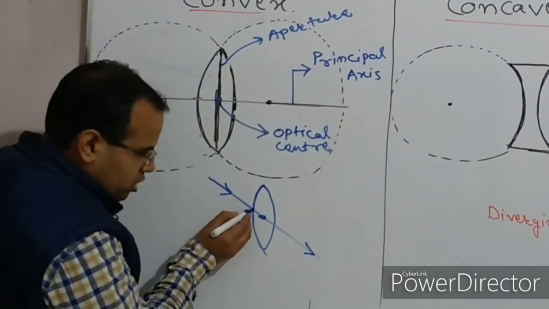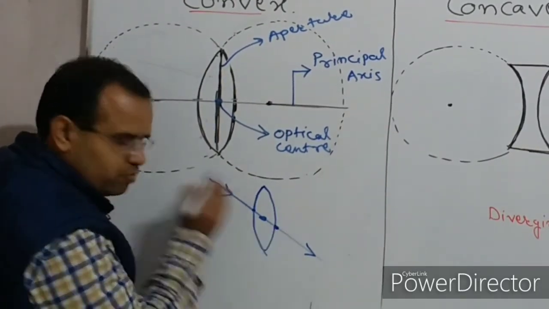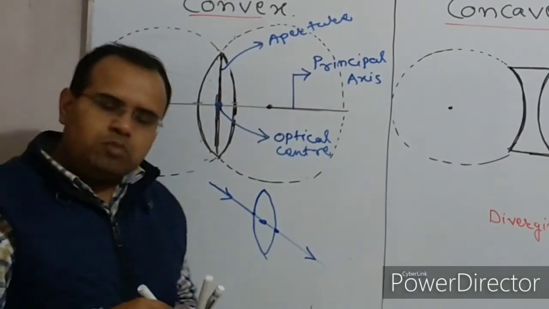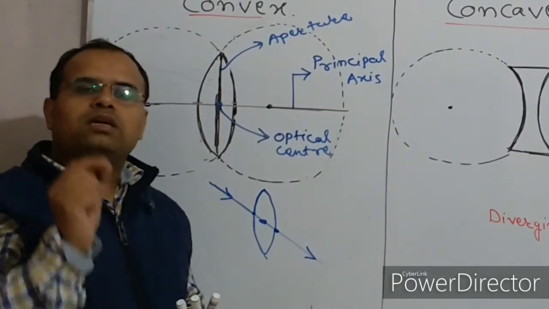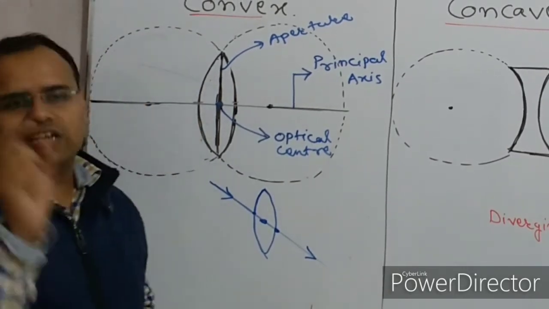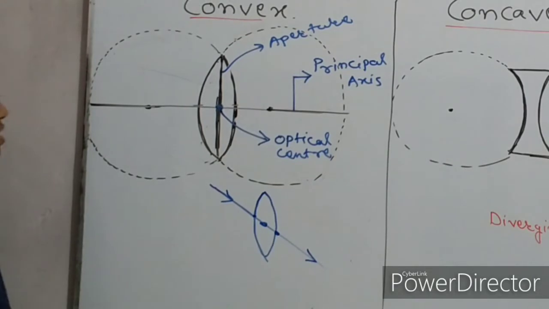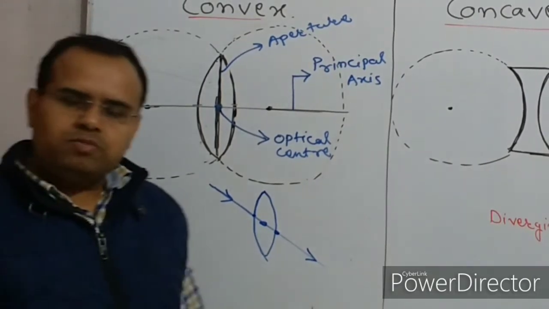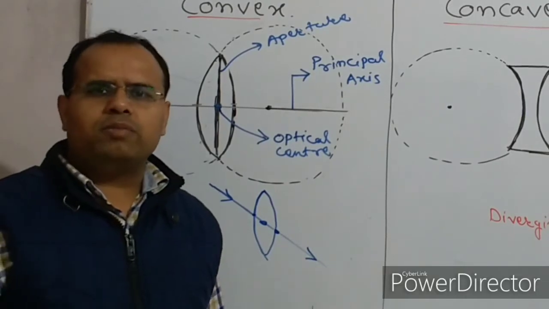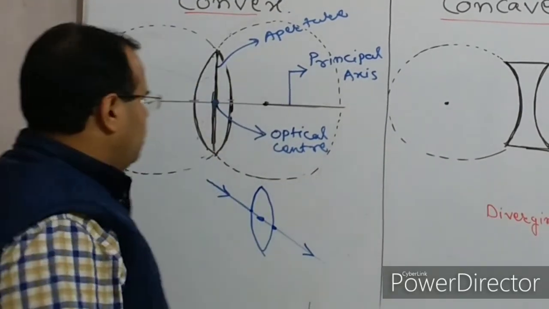So the refraction is actually taking place at this surface and at this surface, but in such a manner that it is equal in magnitude but opposite in direction. So the optical center is a point on the principal axis of the lens such that a light ray which passes through this point remains undeviated.